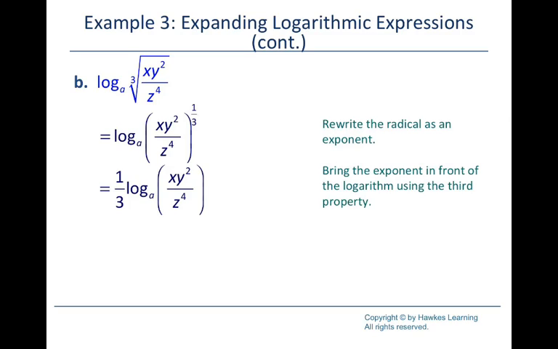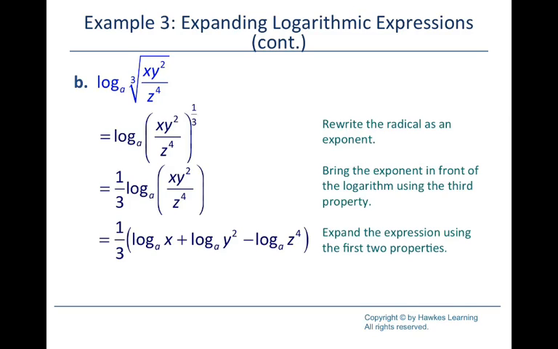Now you're going to put 1/3 in some brackets, and you're going to separate these into sums and differences. Anything that's in the numerator is going to be added. Anything in the denominator is going to be subtracted. So we have log base a of x plus log base a of y squared minus log base a of z to the 4th, and the 1/3's in front of all of that in parentheses.